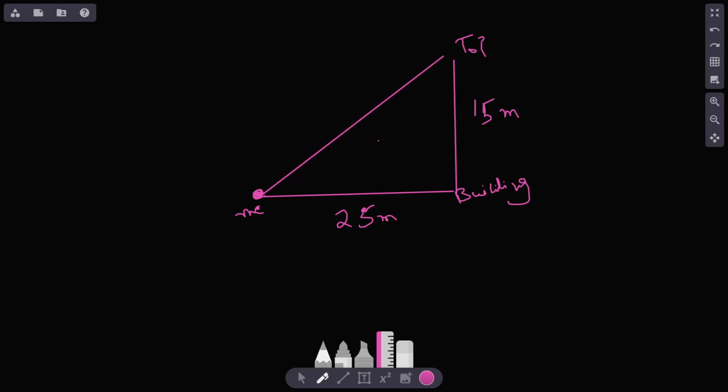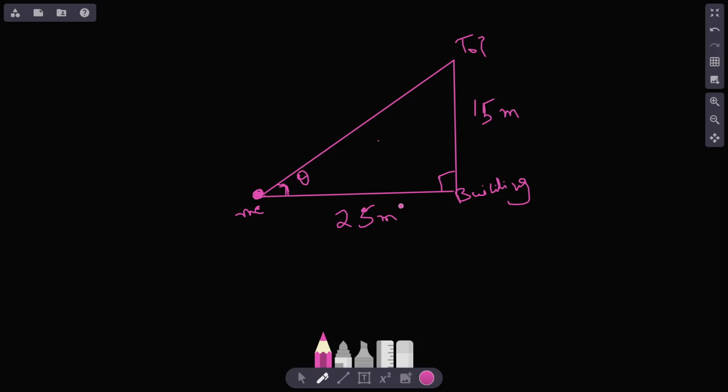So this arrangement has made an unintentional right angle over here. Can you agree with me? Because obviously the height of the building, it is not the leaning tower of Pisa. So the height of the building and the horizontal flat ground are making a 90-degree angle. And I am looking at an angle of theta.